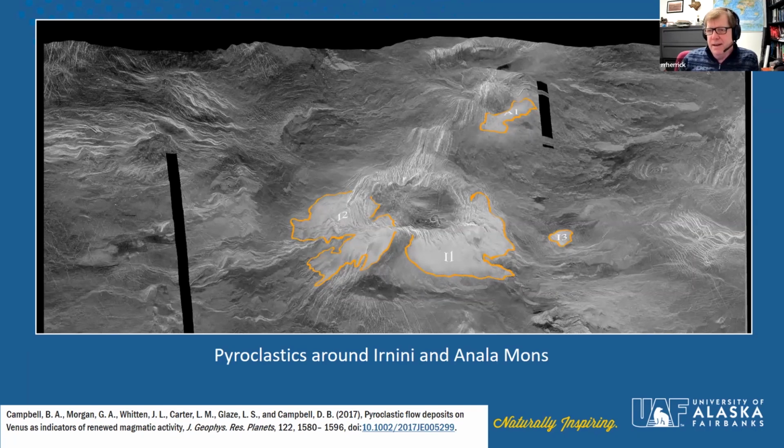I think the interesting thing here, and I don't think a lot of detailed thought about this has been done so far, is why are there only a few places where you see what you would think is pyroclastic flows?